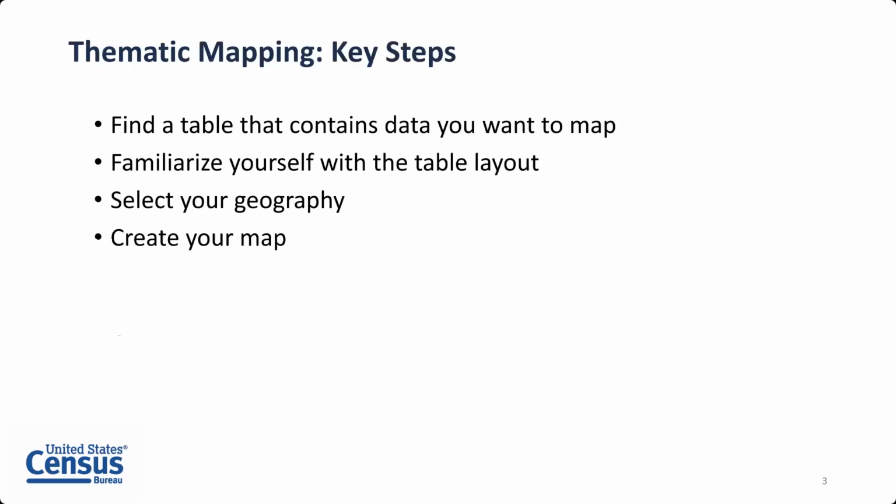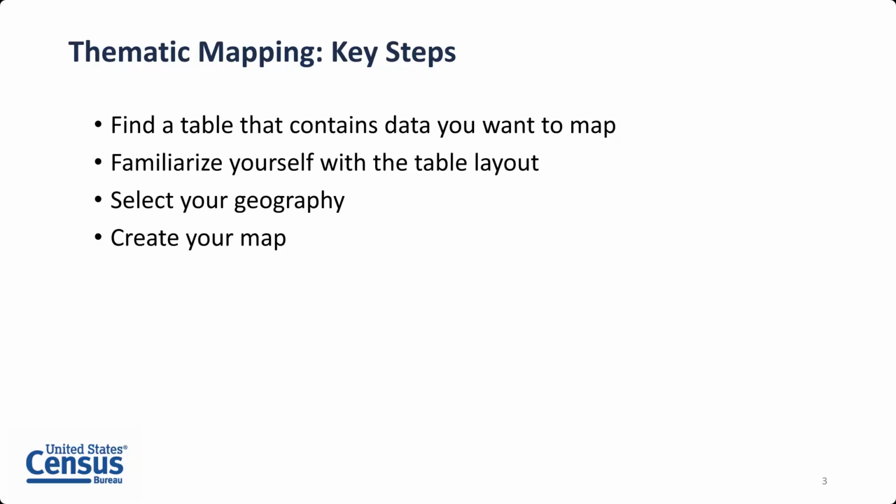So to get started here, we're going to focus first on mapping out data or thematic mapping. And there's a few different steps that are involved in making those maps on data.census.gov. So first, you're going to want to find a table that has data you want to map.